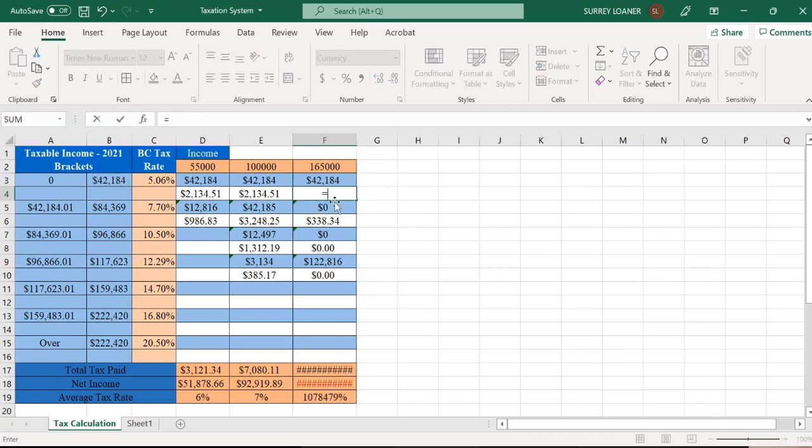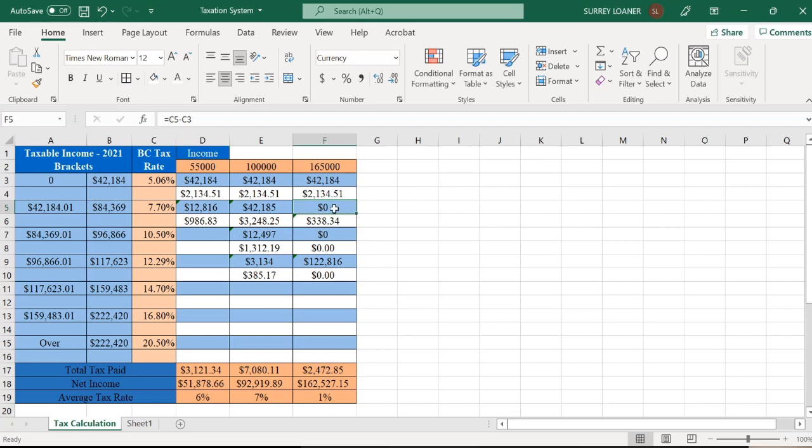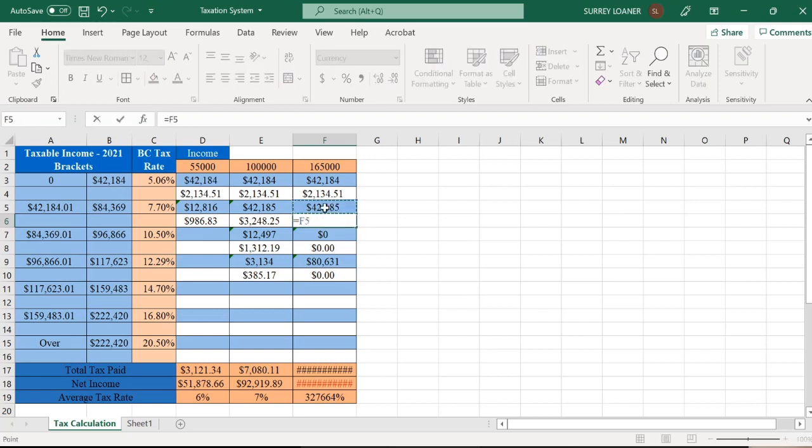Then same thing, equal to here, this figure into the first one, 5.06%, and after then the remaining amount will be 84,369 minus 42,184, and after then we will calculate tax on this amount, and the tax calculation will be based upon the percentage specified in front of this range.